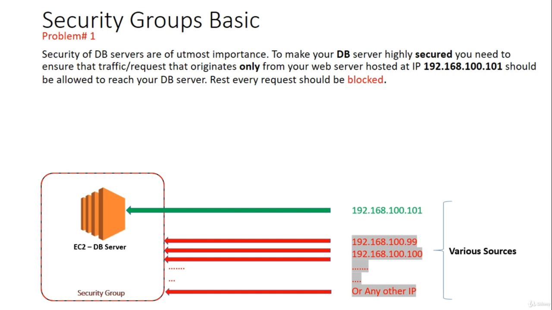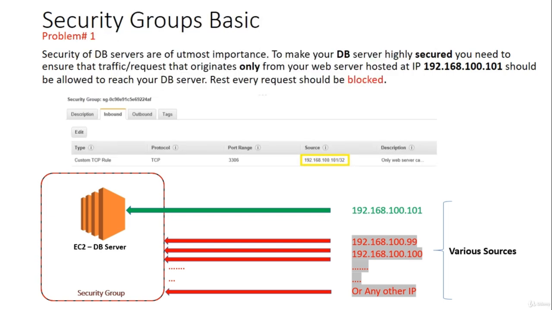If you have paid attention to the last few minutes of the video where I was explaining about IP and CIDR, you must have got the solution by now, how to allow a single IP. This is typically that problem. So in source we will be writing 192.168.100.101/32.